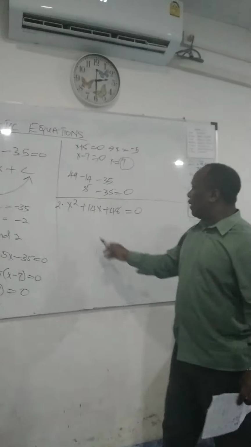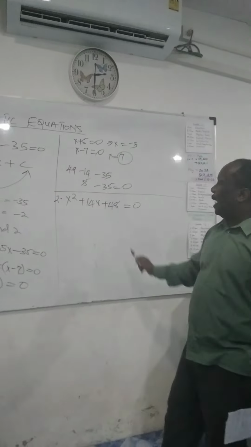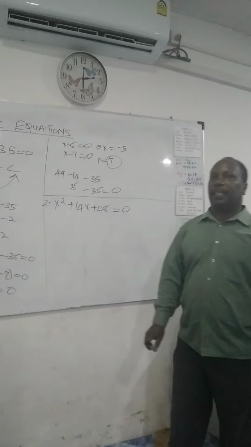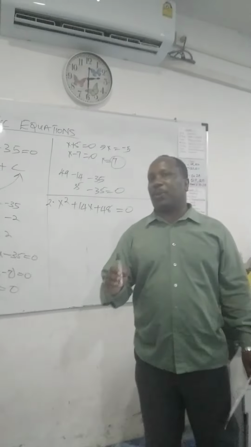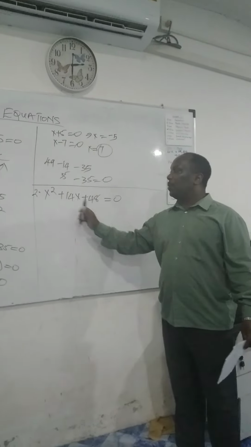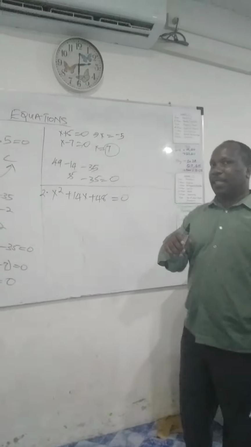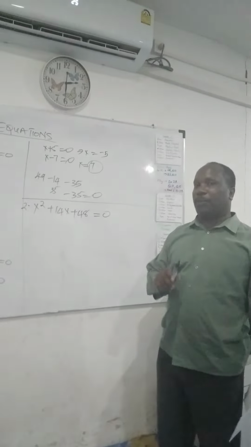And so we ask ourselves, two numbers, we multiply them, we get 48, and when we add them, we get 14. Let us guess those numbers. If you don't work it out fast, I will work it out faster for you.